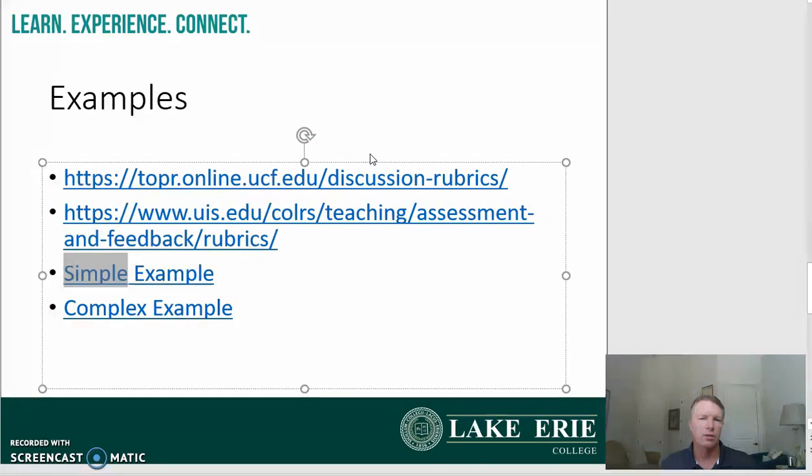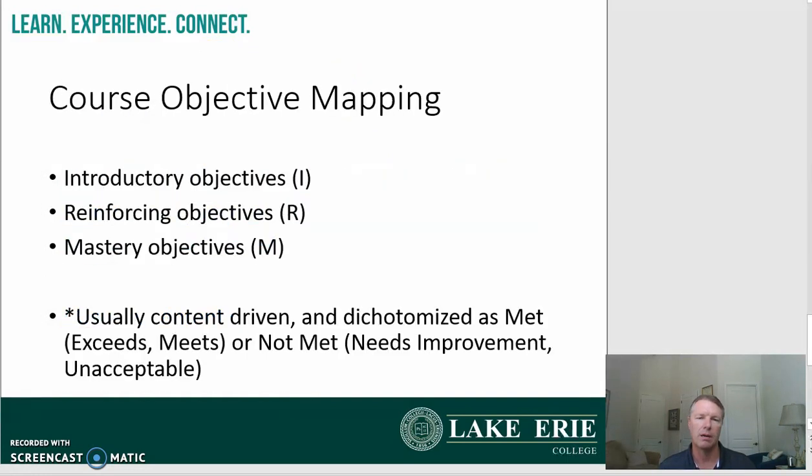So in summary here, I just encourage everybody to peruse the resources linked here and websites. And if you have any questions about this, especially on course objective mapping, we're going to go over this in a little bit more detail in the written assignment presentation.